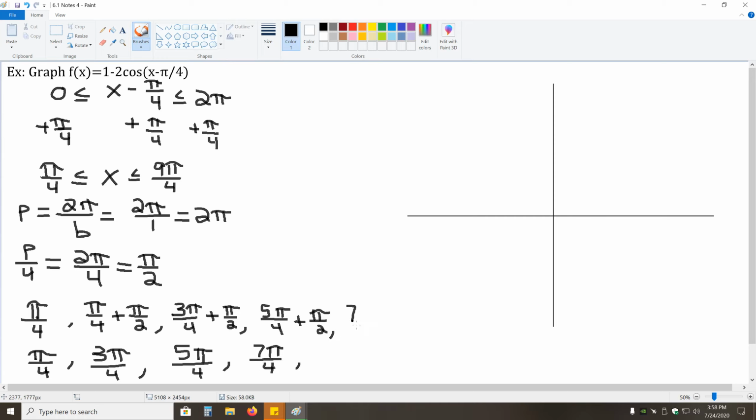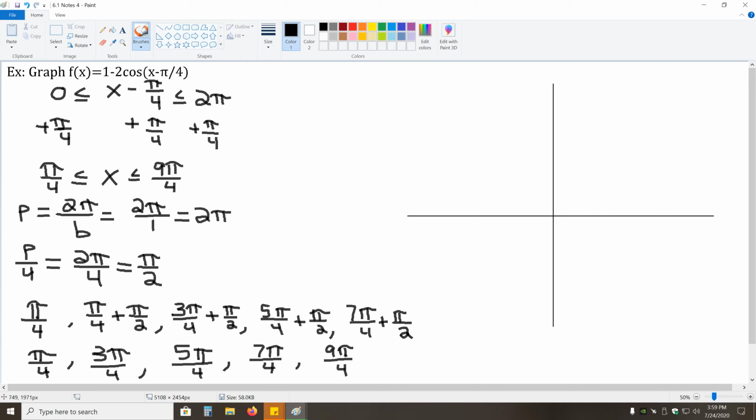And finally, 7 pi over 4 plus pi over 2 gives us 9 pi over 4. These are the 5 values we're looking for our table.